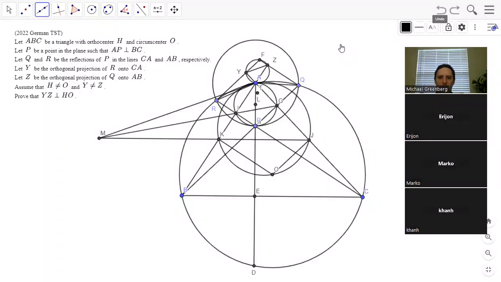So let's think about this. I still want to go back to YO squared minus YP squared is EO squared minus CP squared. So I is the midpoint of PR. So if we took a perpendicular from I to AC, just thinking what that would be like.